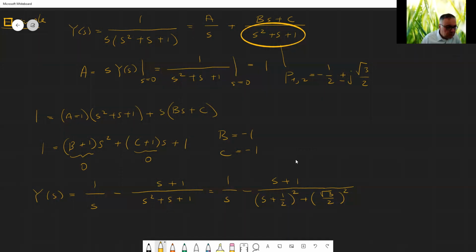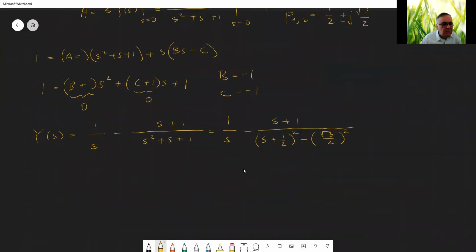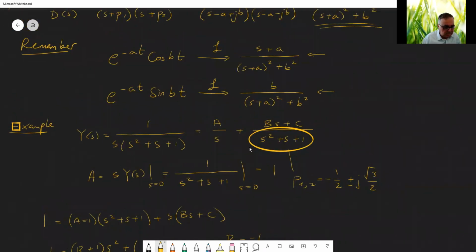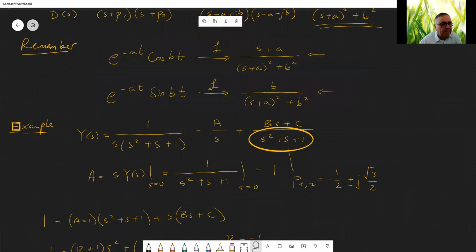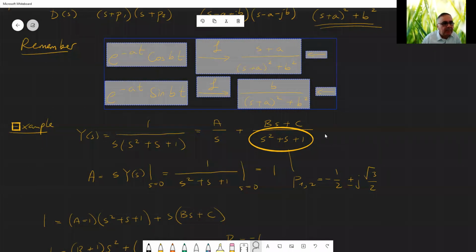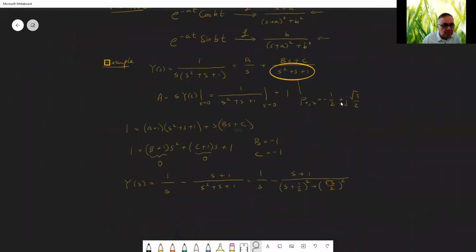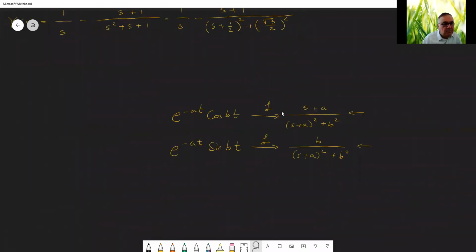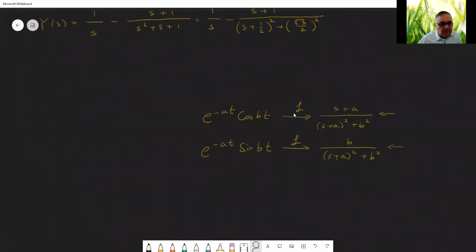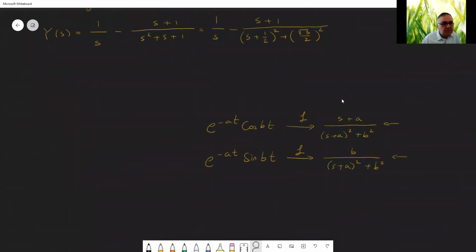Now the only thing is I want to write this so that I will be able to obtain the above expressions, if you remember. I want to write the following, s plus a, which is 1 over 2.